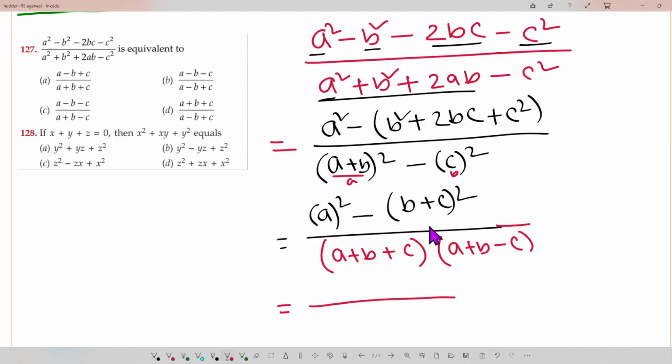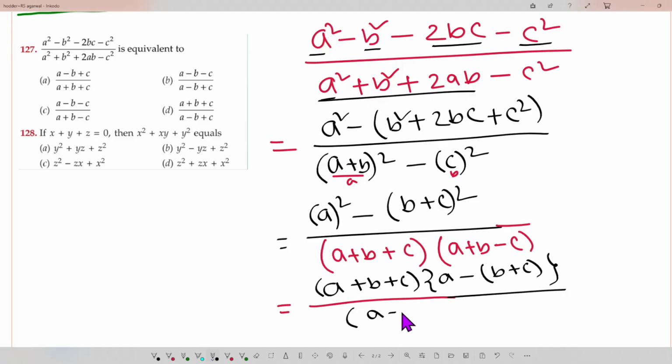So a square minus b square, which we can write as a plus b plus c, same thing, a minus b, a minus b plus c, and the denominator here is a plus b plus c times a plus b minus c.